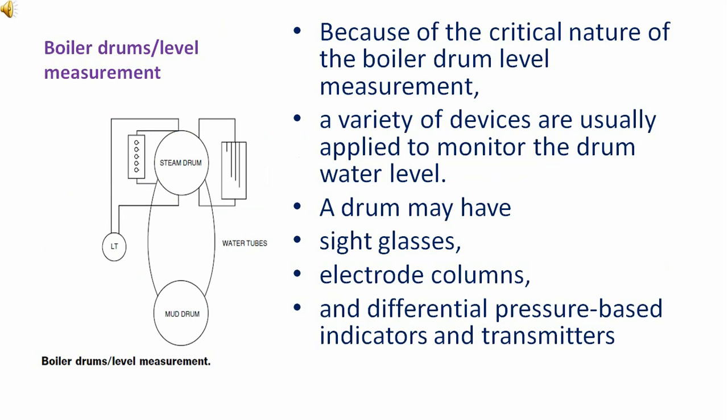Because of the critical nature of the boiler drum level measurement, a variety of devices are usually applied to monitor the drum water level. A drum may have sight glasses, electrode columns, and differential pressure based indicators and transmitters.